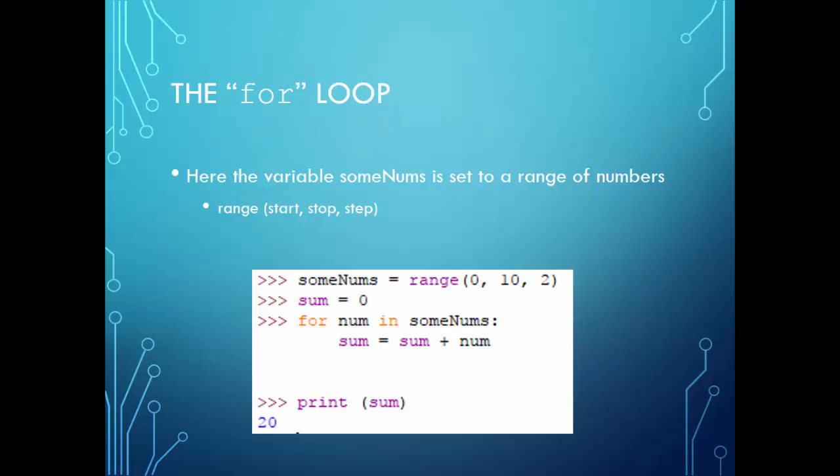Once that is done, I am going to just print the sum, and it's 20. So 0, 2, 4, which is 6, 8, so 0, 2, 4, 6, and 8 will give me 20.